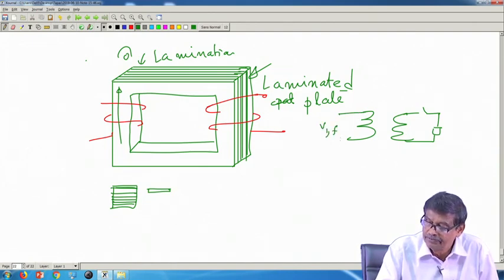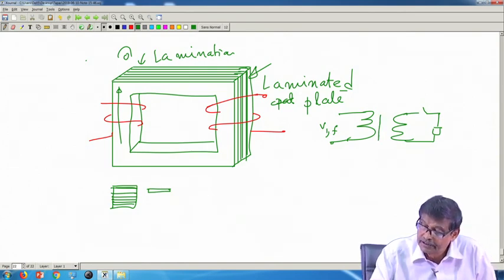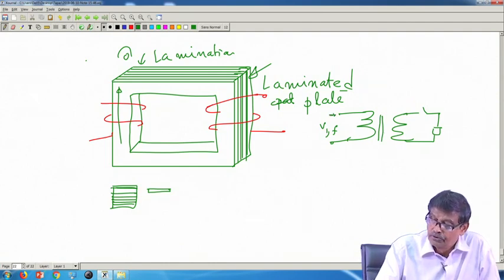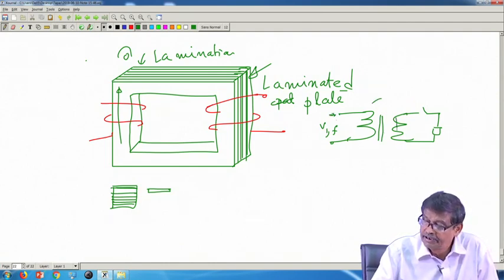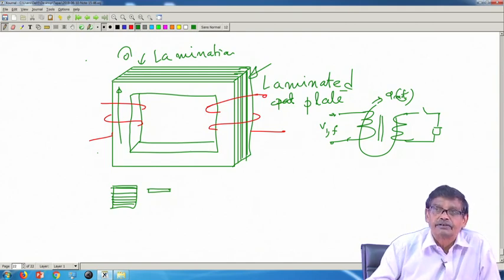This is V1, you have switched on the supply, secondary is open, nothing like that, but there is core material. Now, when you close it, there will be phi produced, alternating phi(t) is produced, which is flowing like this, and there are eddy current losses.